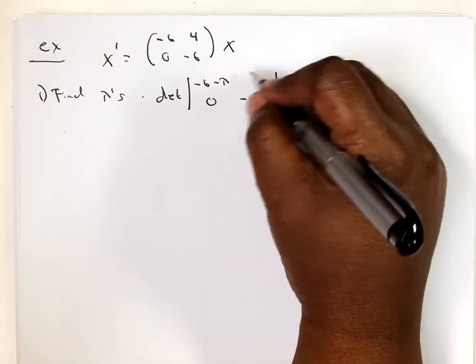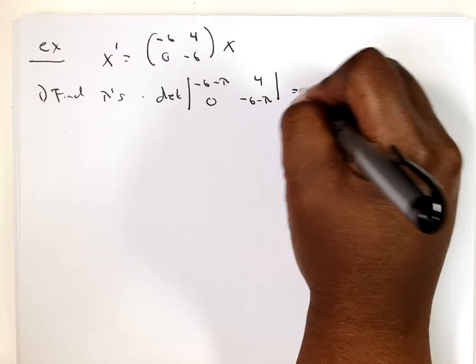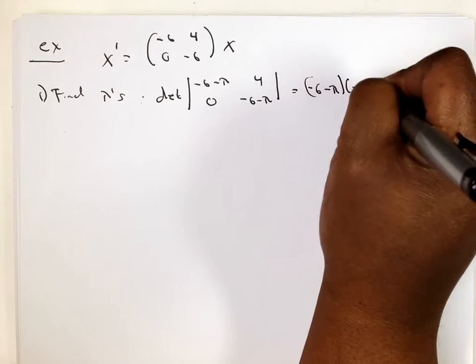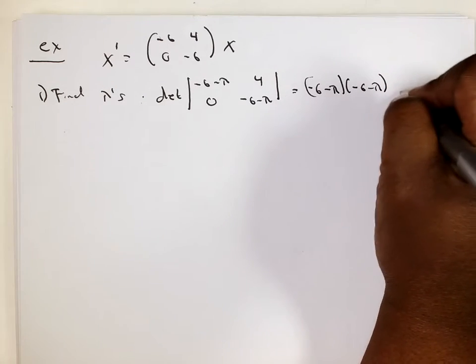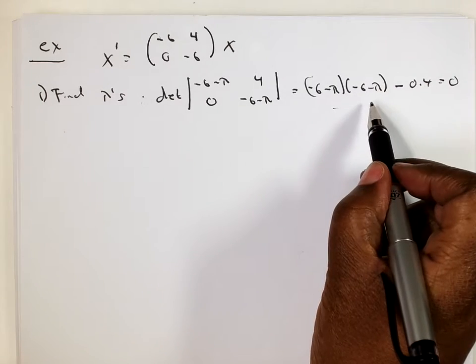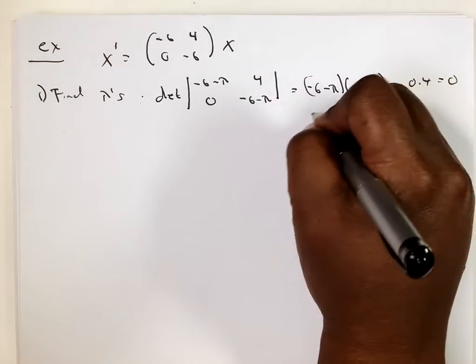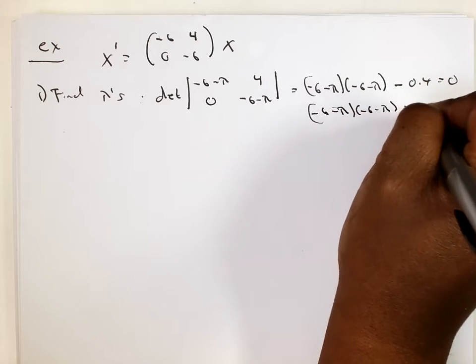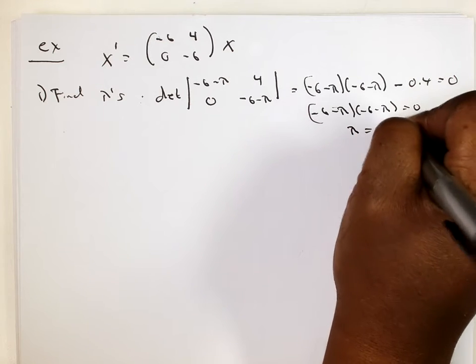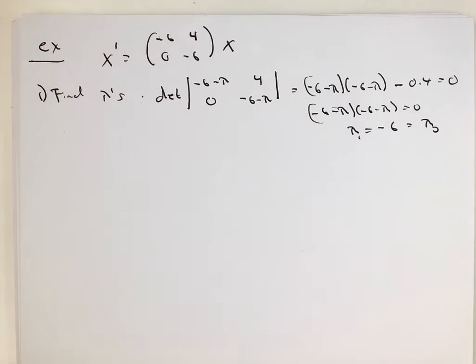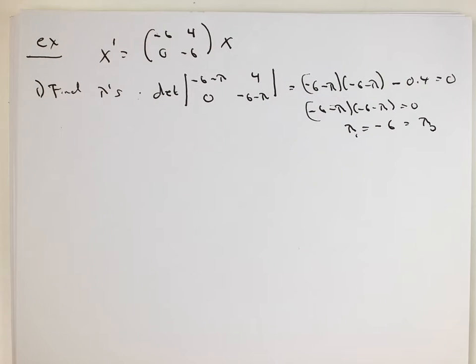So finding that determinant, we do the cross products. I get (negative 6 minus lambda) times (negative 6 minus lambda) minus 0 times 4, which is just 0, equals 0. So here I have a double root. And I get lambda is equal to negative 6. And that's lambda 1 and lambda 2. They're both the same.